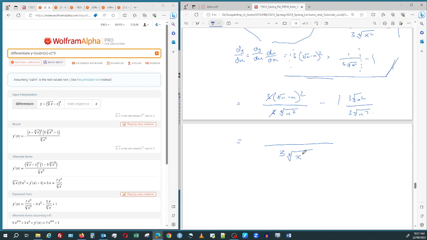Cube root of x, 3 times the cube root of x squared. And then up here we've got, I think that's a simple version of it.